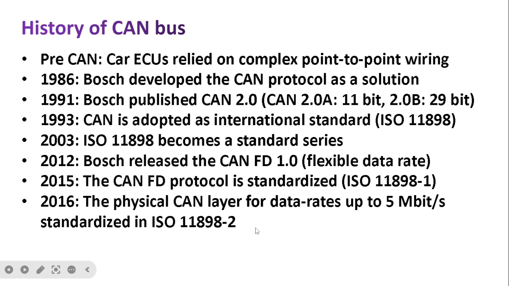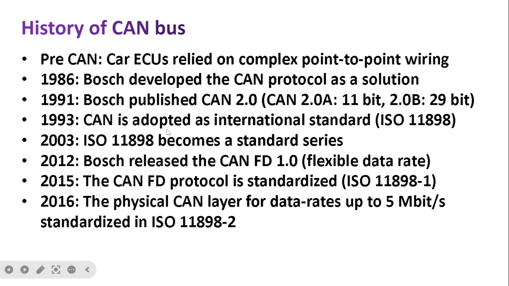Pre-CAN, meaning previously, car ECUs relied on complex point-to-point wiring. Now in 1986, Bosch developed the CAN protocol as a solution. In 1991, Bosch published CAN 2.0, with 2.0A capable of 11 bit, and 2.0B capable of 29 bit.